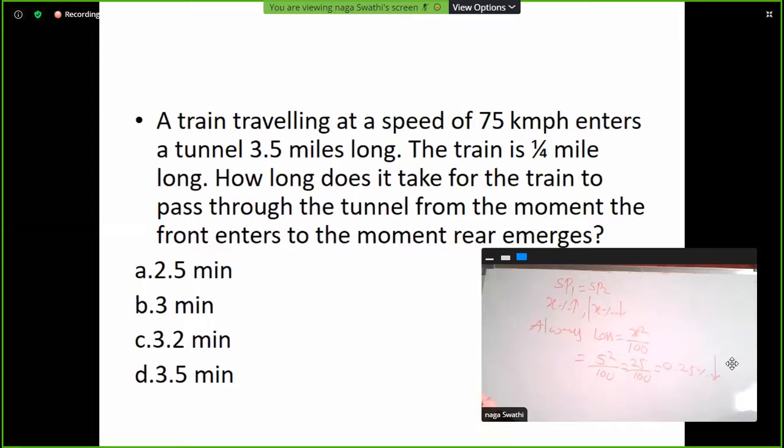Do it fast. Speed is distance by time. So here, a train traveling at a speed of 75 kilometers per hour enters a tunnel 1 by 4 mile long.